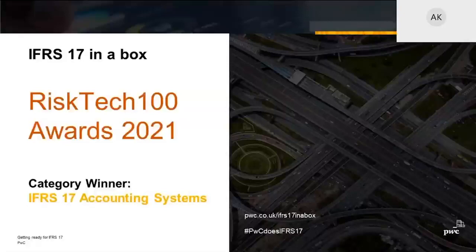And the solution that I'm going to present in a minute has been ranked number one among all solutions designed for IFRS 17 implementation. So we are very proud of it, and hopefully that would work to our clients' benefit.